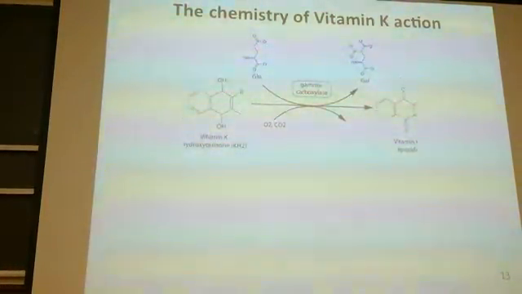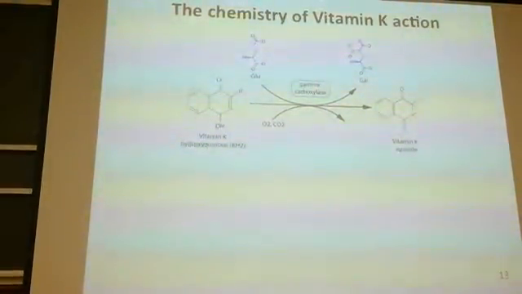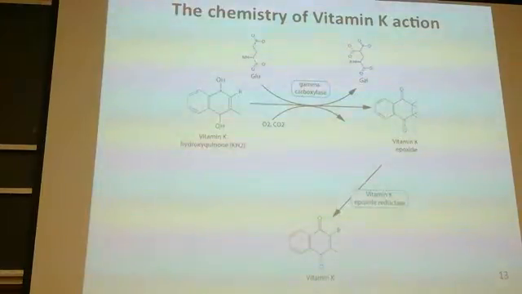During the course of this reaction, vitamin K is modified and converted into an epoxide, shown here. And this wouldn't be able to be used in subsequent rounds of this reaction, so we have to regenerate the hydroxyquinone form of vitamin K. This is done through two reductase steps mediated by the same enzyme, vitamin K epoxide reductase.